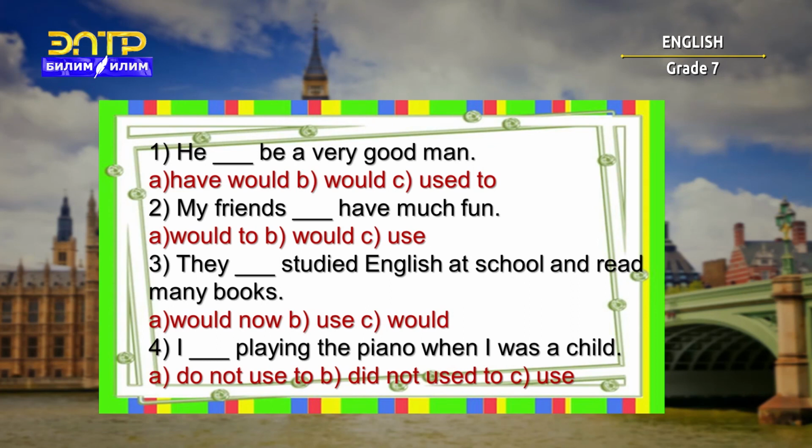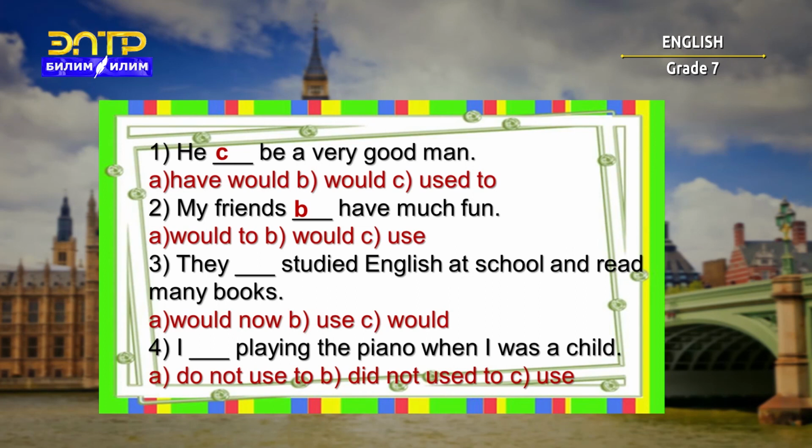Time is up. Let's check your answers. So the first sentence, the answer here is C. He used to be a very good man. And the second one, the right answer here is B. My friends would have much fun.